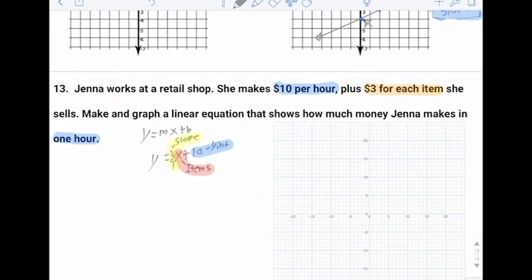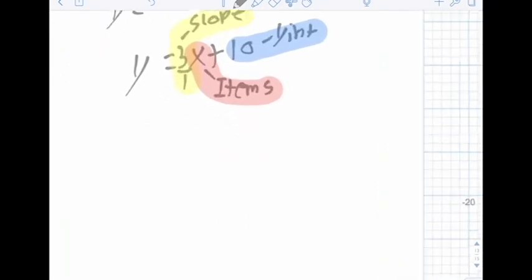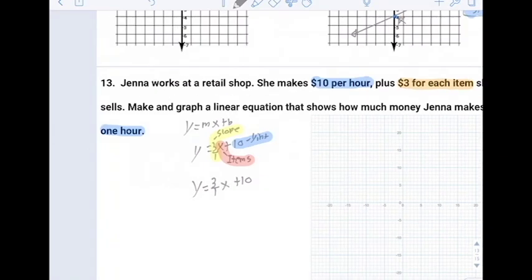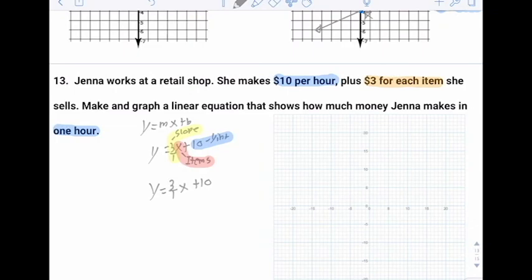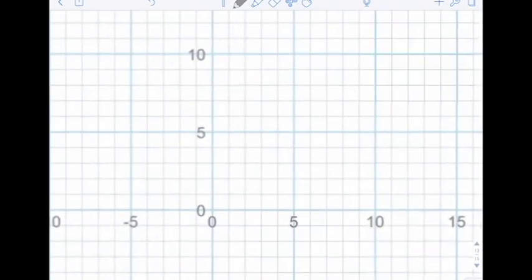So, graph this like any other linear equation. Let's just write it out again so you can see it better. All right. So third step, I'm gonna graph the y-intercept. So this is the base price that she makes per hour.